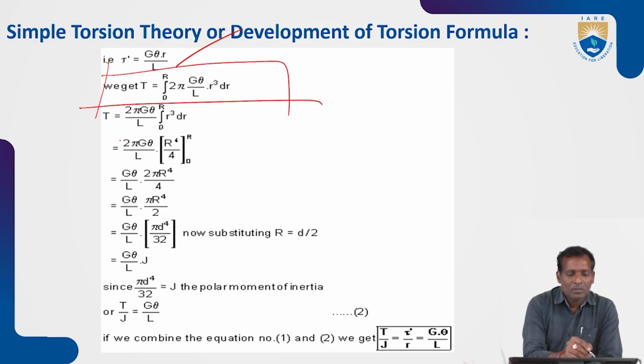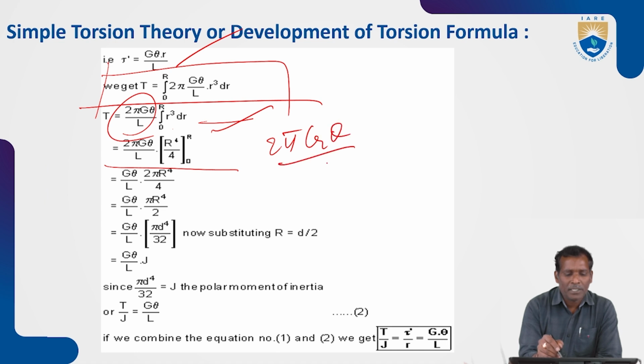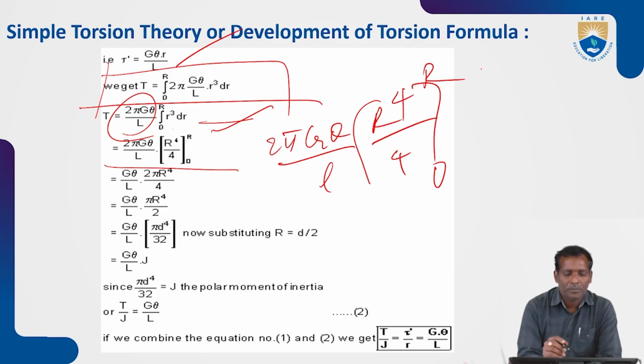Take 2 pi into G theta by L outside, and the integral 0 to r of r cube dr. After integration, 2 pi G theta by L multiplied with r to the power of 4 by 4, from 0 to r. The upper limit is r and the lower limit is 0.